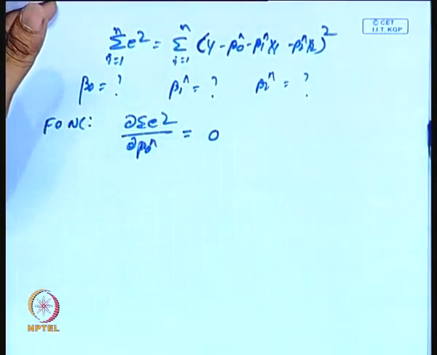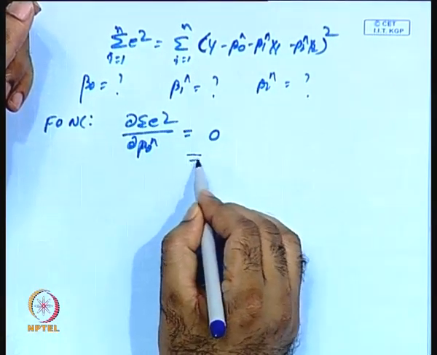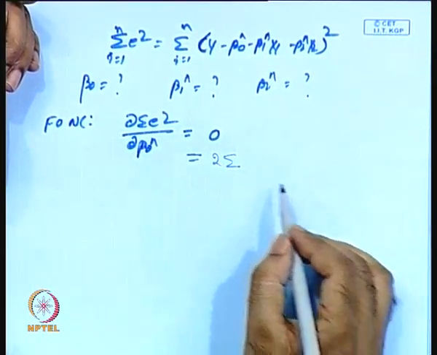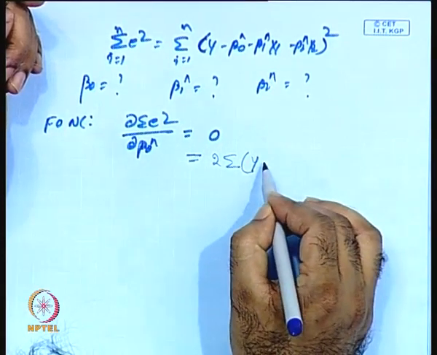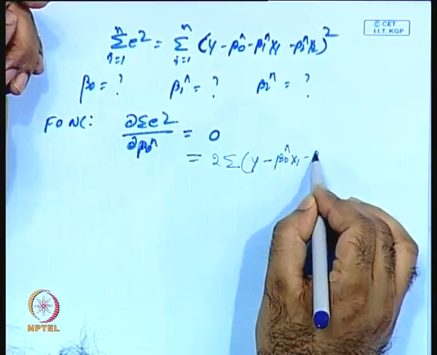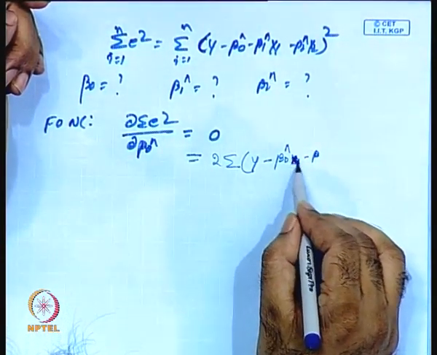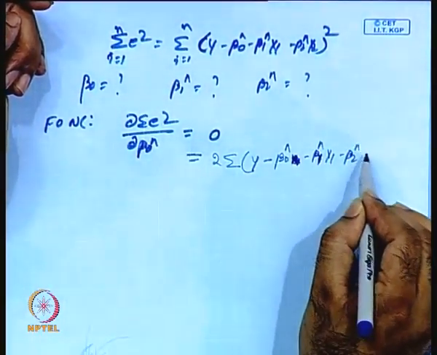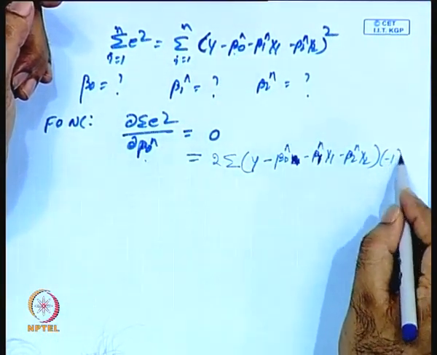If you go for simplification, it is nothing but 2 into summation of y minus beta 0 hat minus beta 1 hat x1 minus beta 2 hat x2. So this is beta 0 hat, which means minus 1 has to be multiplied.